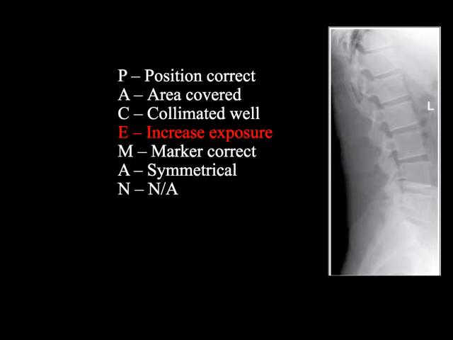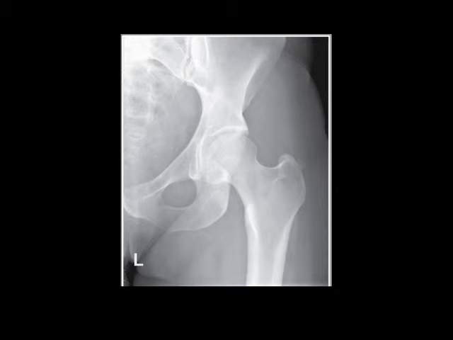We could increase the exposure here. So the position's correct, the area is covered right, it's collimated well, it's marked appropriately, symmetrical, but it's very difficult to see this area right in here. And so we could potentially increase the exposure. Another image.